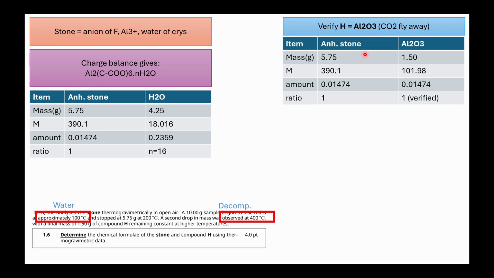You can do this as an exercise without looking at this, or you can just see the anhydrous stone has this mass, 5.75, and the final mass of the allegedly oxide substance is 1.5 grams. So we divide it by the molar mass and find the amount and the ratio. We see, as expected, there are 2 aluminium here and 2 aluminium here, and the ratio is 1:1. So indeed, H is the oxide. And that's basically it.